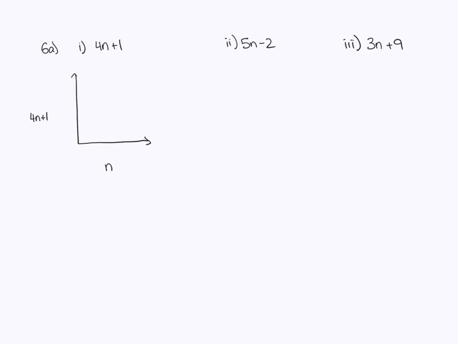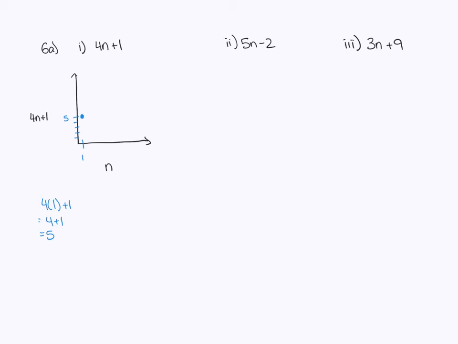So what that means is if n is 1, and we know that 4 times 1 plus 1 is 4 plus 1 is 5, your first point is going to go at 1 and 5.